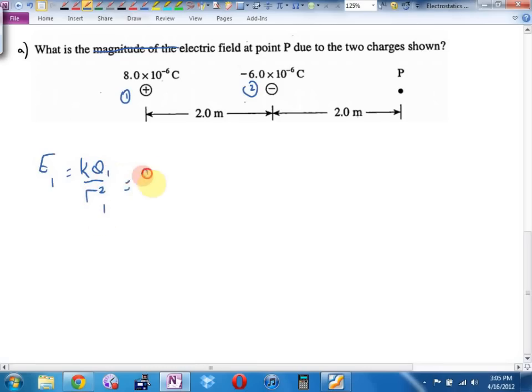It's going to be 9 times 10 to the 9th, charge 1, 8 times 10 to the negative 6, all over radius 1, which is 4, squared. Can you crunch that for me?